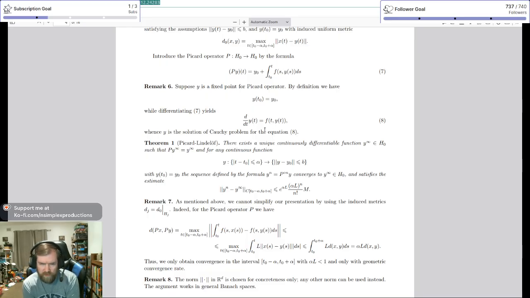Indeed, for the Picard operator P, we have d of Px, Py is equal to the max on the interval t0 plus or minus alpha of the distance between the integrals from t0 to t of f of s, x of s minus f of s, y of s ds.